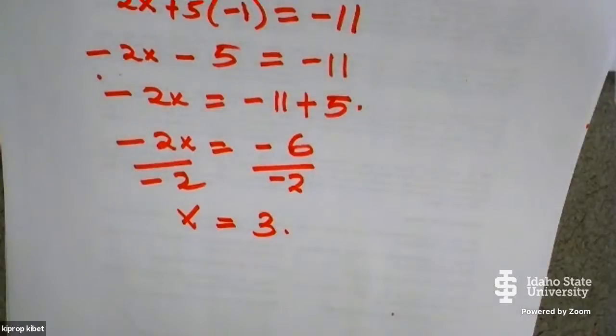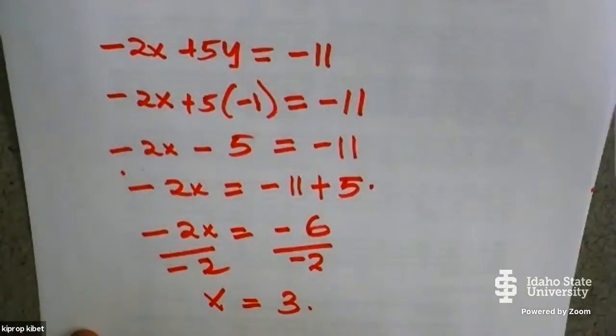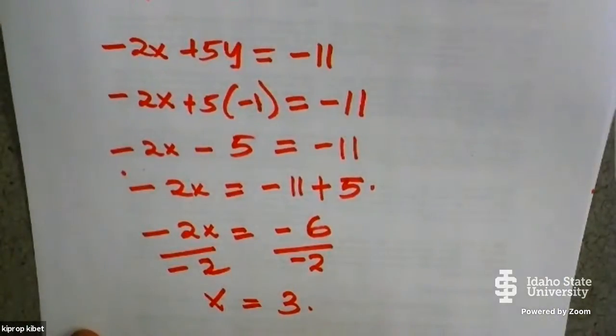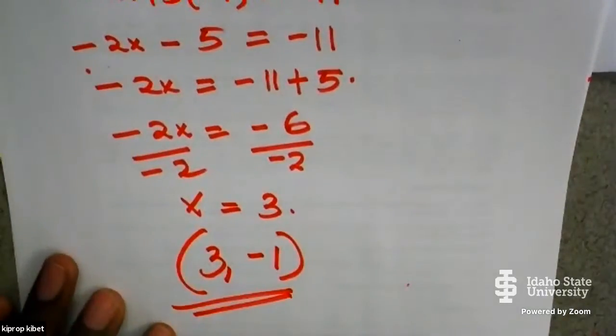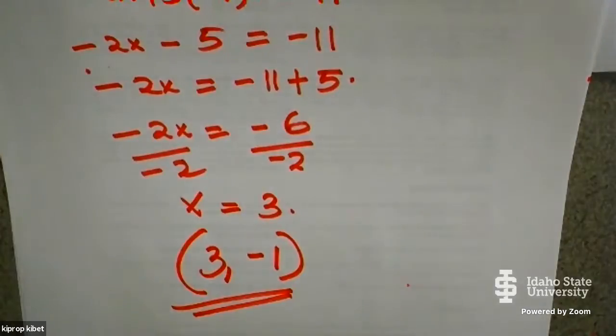So we have x and y. So our solution will now be what? 3, negative what? Negative 1. And that is the solution of the system. So you do elimination and you substitute what you get.